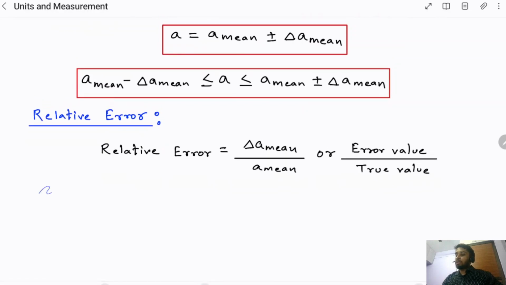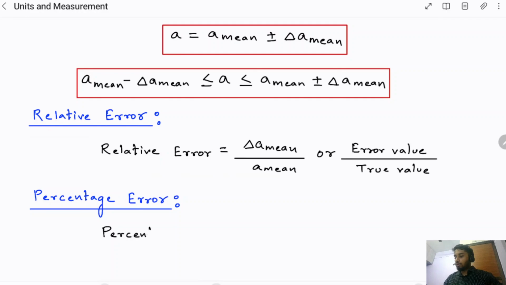And the last term for today is percentage error. Percentage error is relative error into 100.